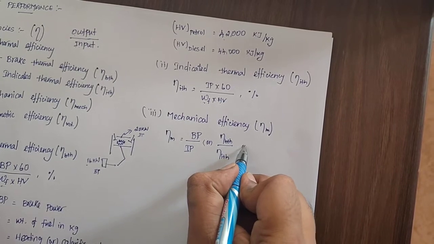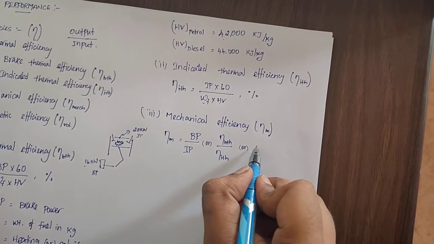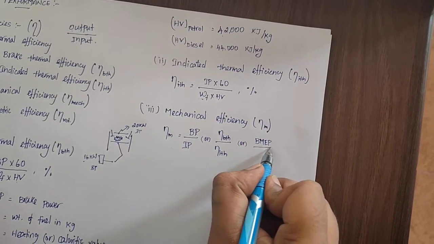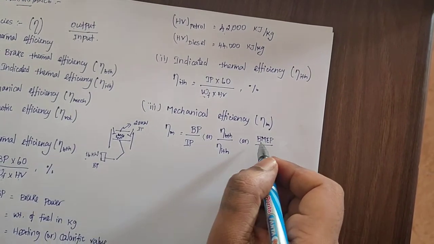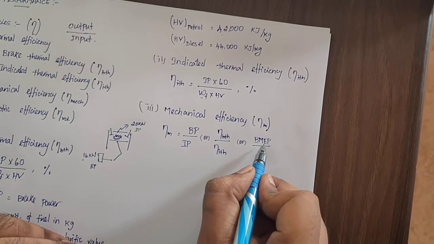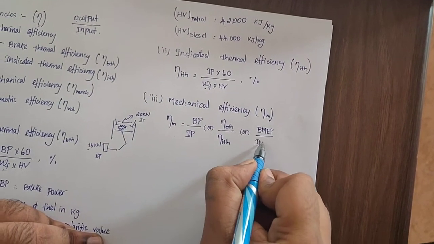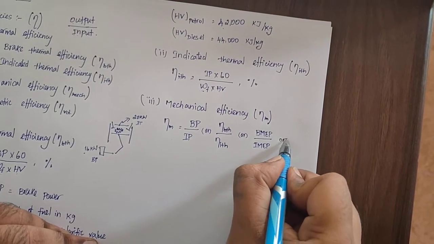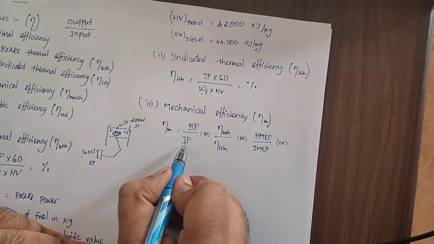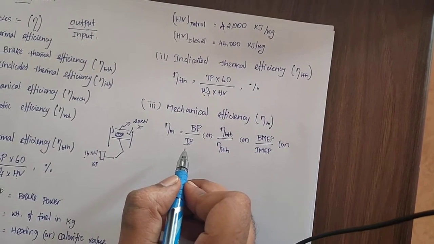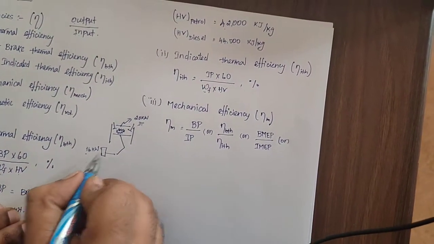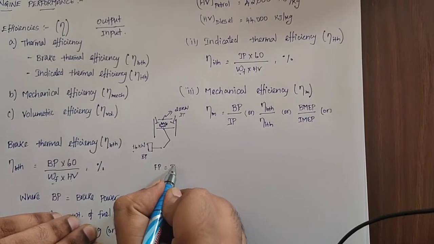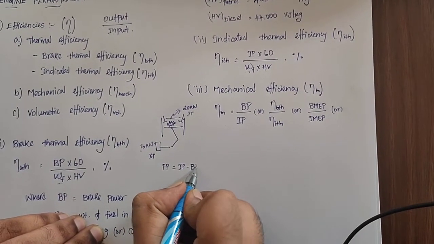Again, we can further write it in terms of pressure, sorry, not fuel consumption. So brake mean effective pressure, BMEP, divided by indicated mean effective pressure, IMEP. Further, we know that friction power equals IP minus BP.